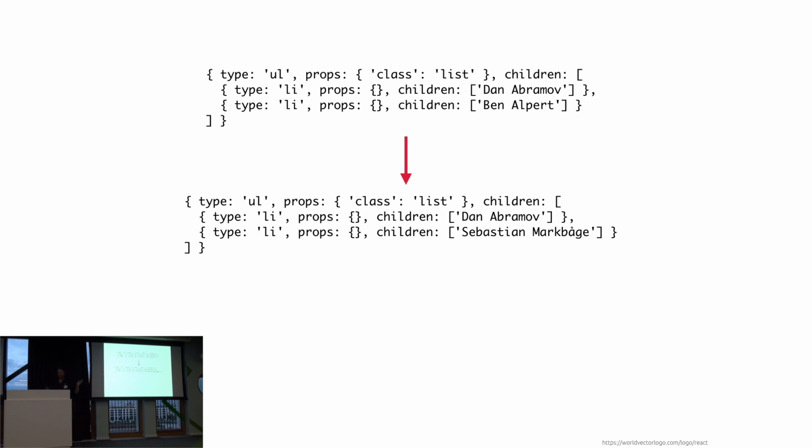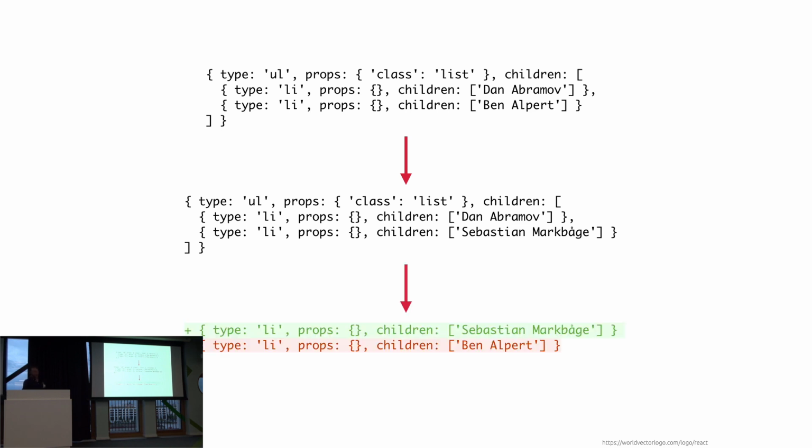I have no idea how to pronounce that. Probably somebody knows. Right, good. So you can diff those 2 states, and then the difference is at the bottom here. So you see you have 1 new li with Sebastian Markbåge, and 1 that's been removed, which is Ben Alpert.